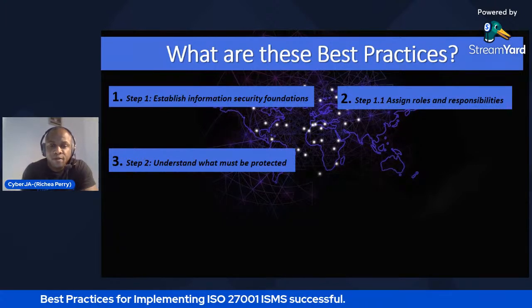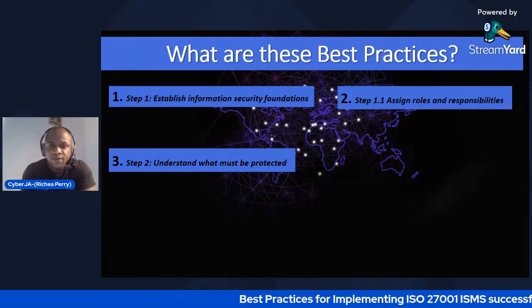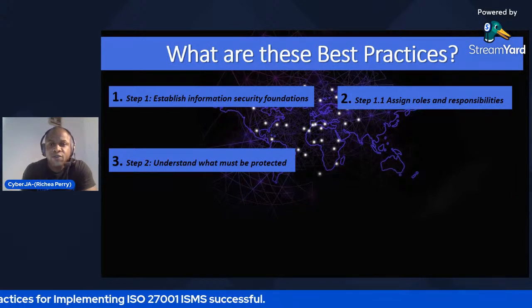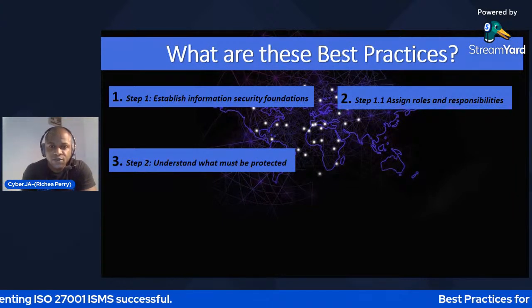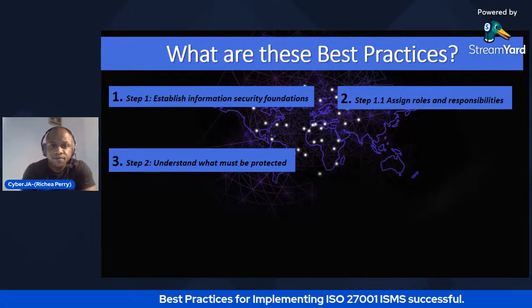So it's during that asset classification exercise that you are now able to determine what is of value, what has the highest risk, what's more valuable to the organization, so that you can now implement the necessary controls to protect those valuable assets, normally referred to as the crown jewels within the organization.